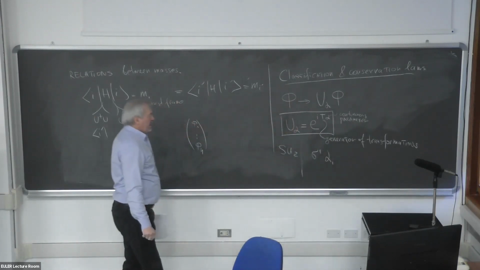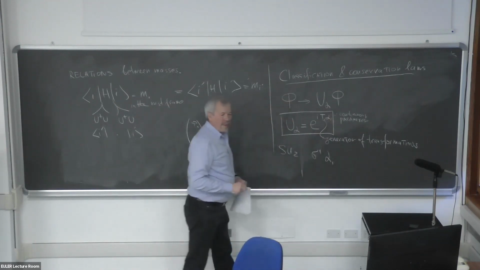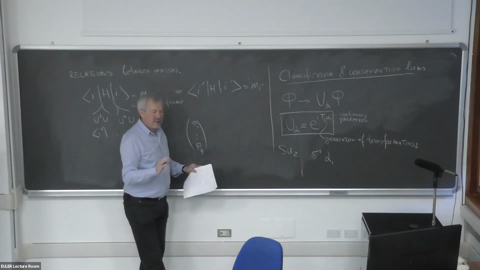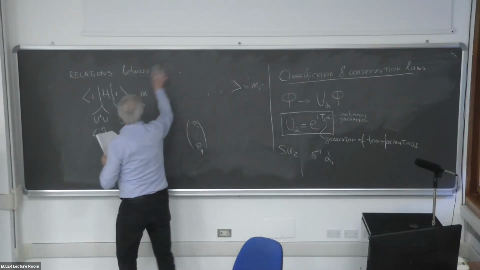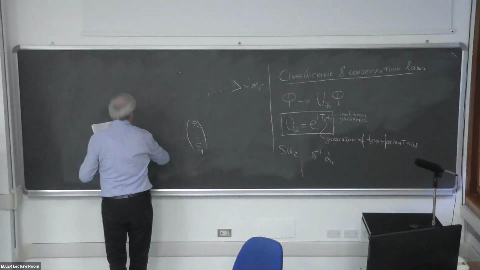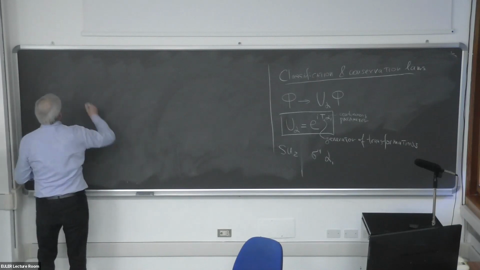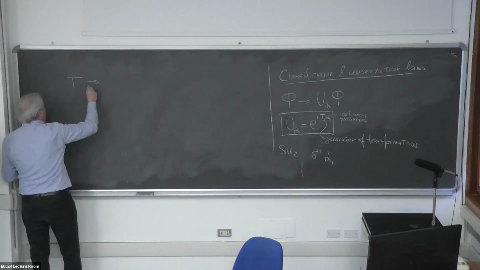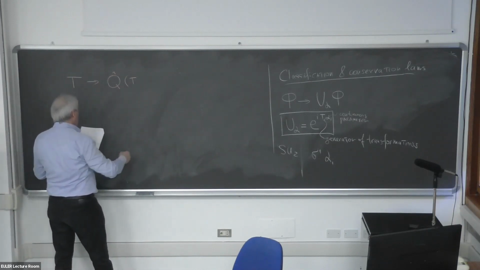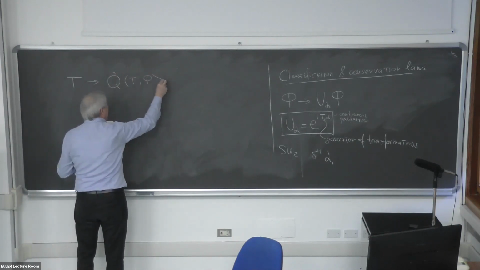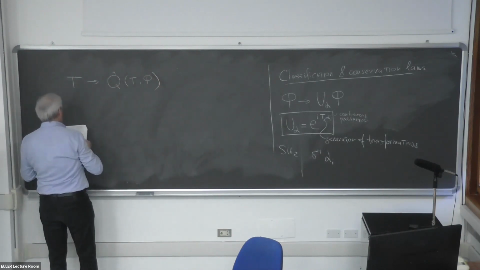Therefore, for SU2, the general transformation has T_i alpha_i. I hope you know this. You should also study unitary group theory. Okay. Now, at the quantum level, as I said, transformations become also operators. Instead of T, we are using charge operators, which are functionals of T, but also of fields. This relation, or the expression for Q, is given by Noether's theorem.